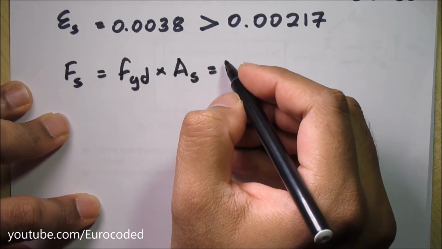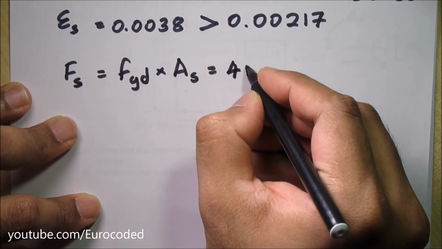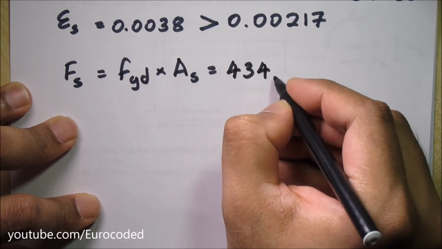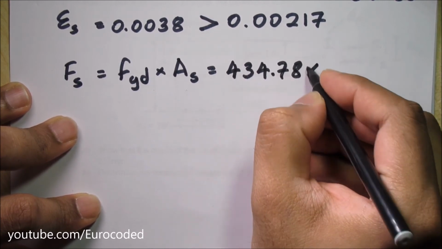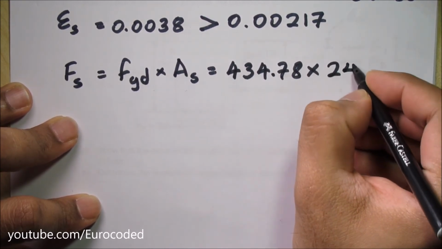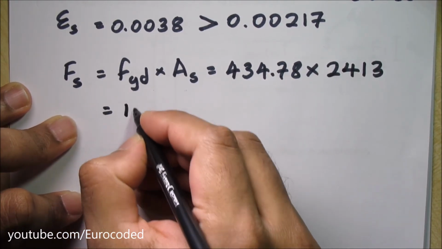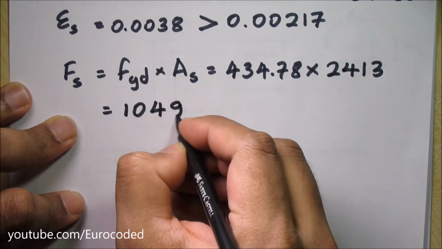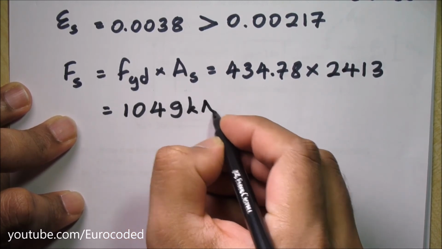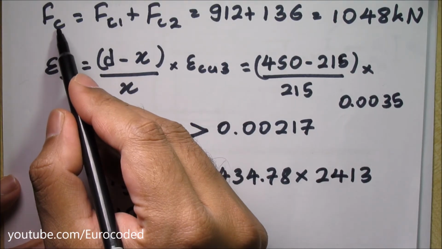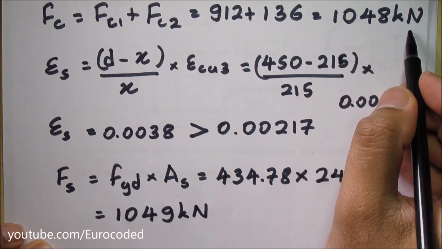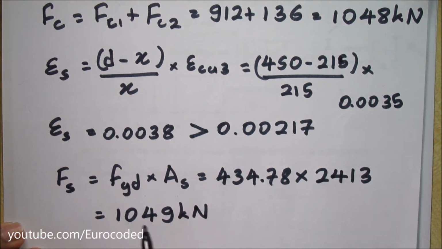This is equal to 434.78 times 2413, and this comes to 1049 kilonewton. We have calculated Fc as 1048 kilonewton and Fs as 1049 kilonewton.